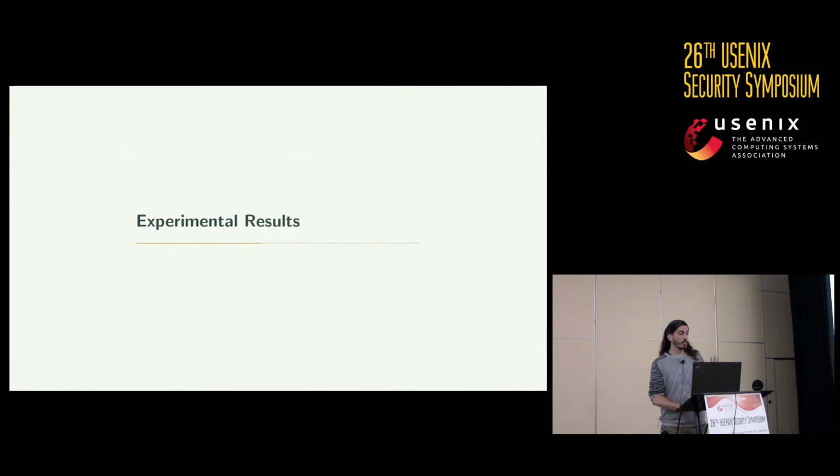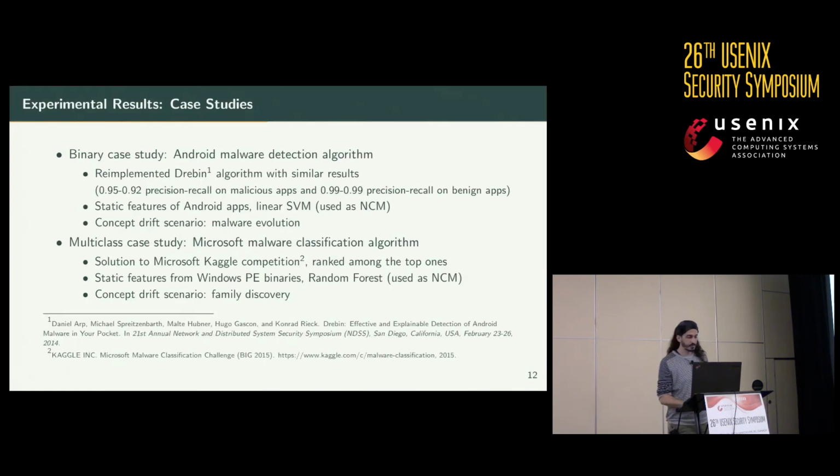So let's move on to some experimental results. We have tried our framework on two case studies. One is a binary classification case study, Android malware detection, where we reproduce the Drebin algorithm. Drebin is an algorithm that was published at NDSS in 2014, and uses static features on Android applications: the permissions, the API calls, all the strings that the algorithm finds inside the APK, such as URLs as well.